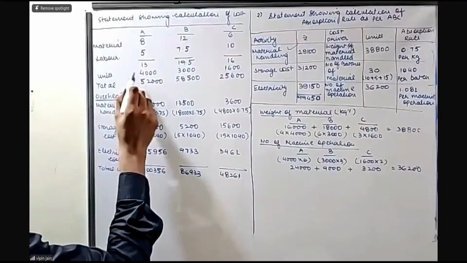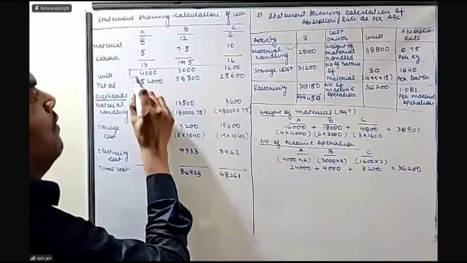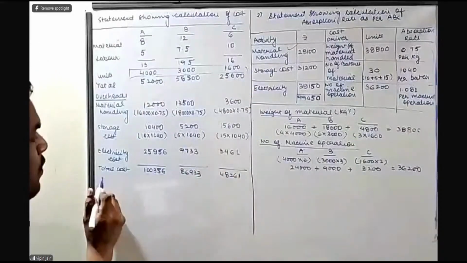If we divide it by number of units, we'll get the cost per unit.